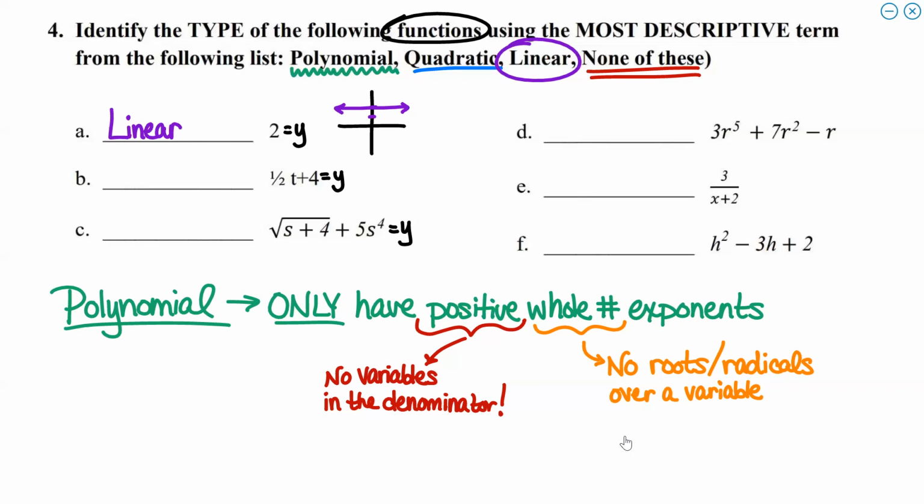What about the next one down? Let's talk about quadratics for just a second. I'm glad you brought that up. In quadratic functions, it must have a squared variable.